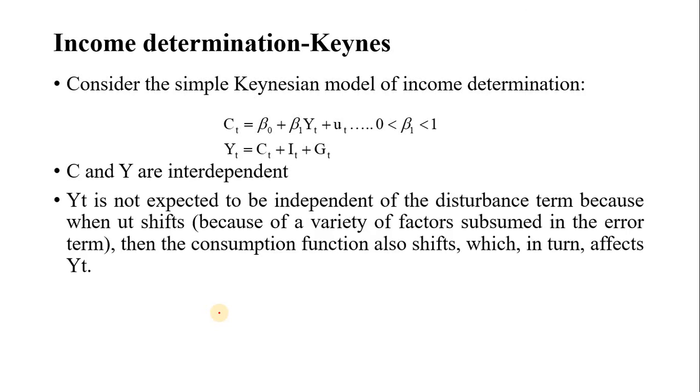And what we have assumed in our OLS assumptions is that UT is a stochastic error term, YT is the explanatory variable, and there should not be any relationship between YT and UT.